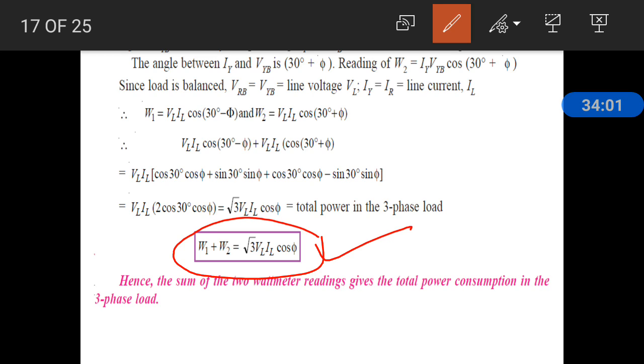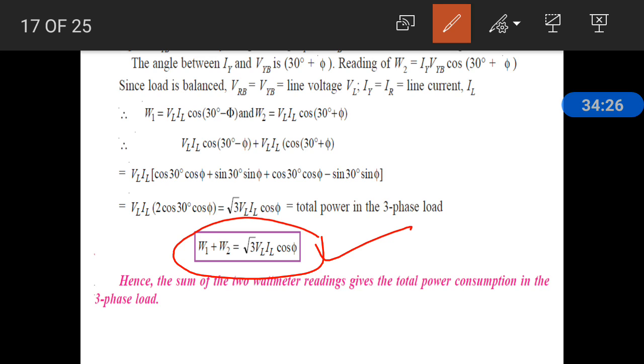Compared to the three wattmeter method, one wattmeter is reduced, so fewer wattmeters are enough to read the power accurately, and it is easy to calculate. Only W1 plus W2 gives the total power. So these are the advantages of the two wattmeter method.